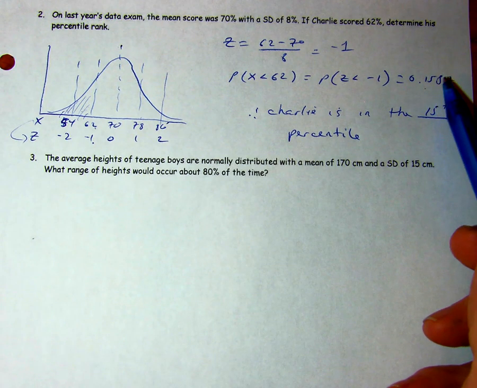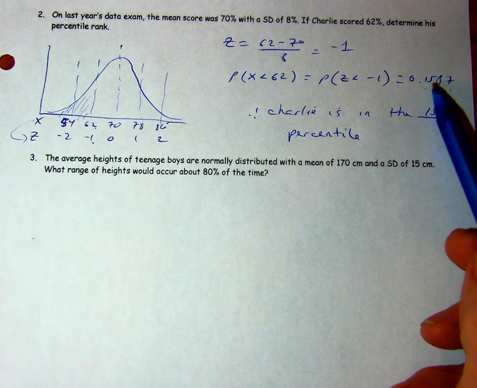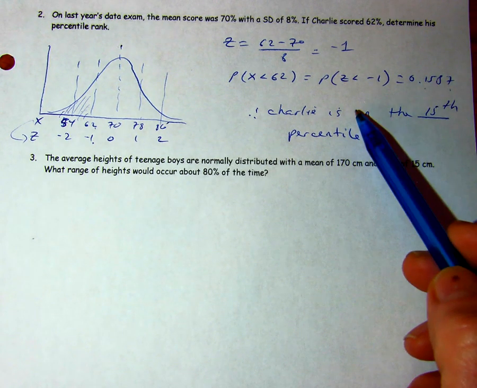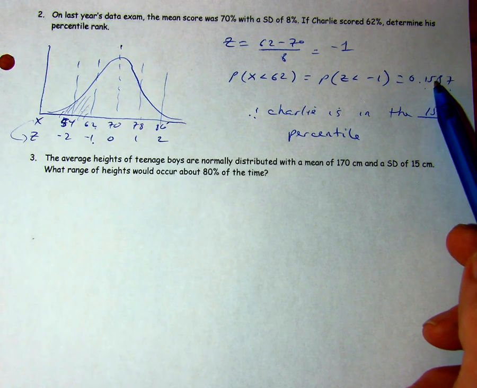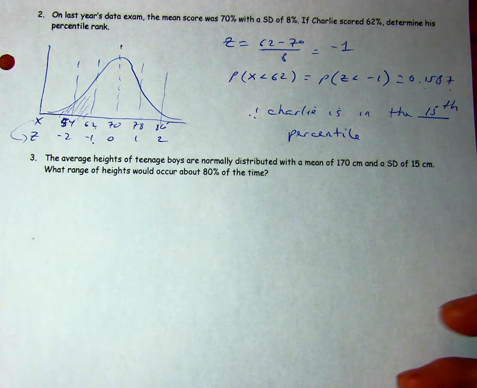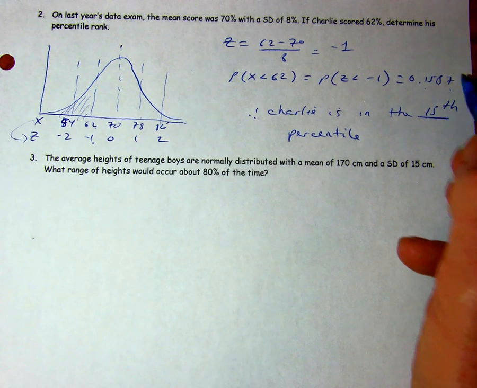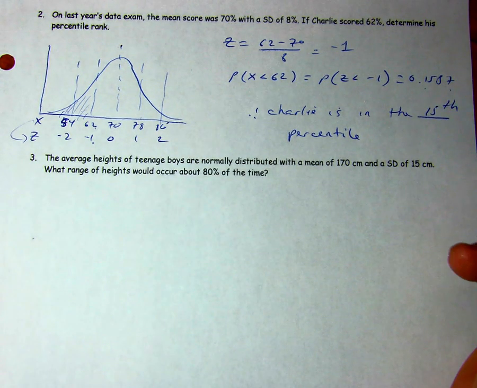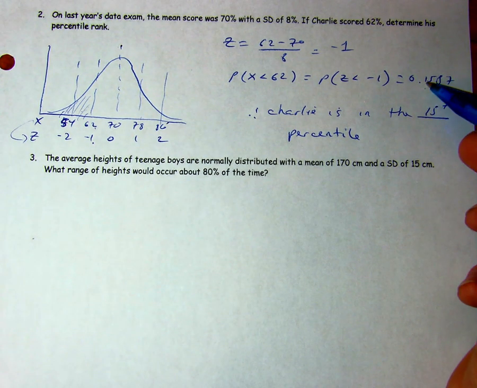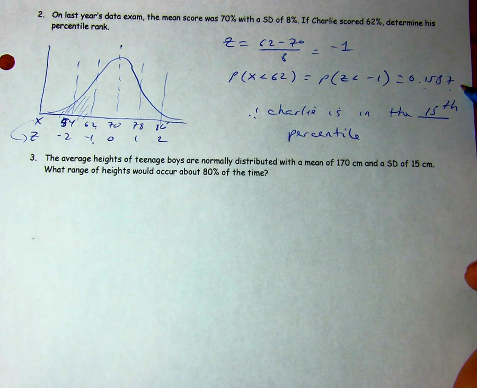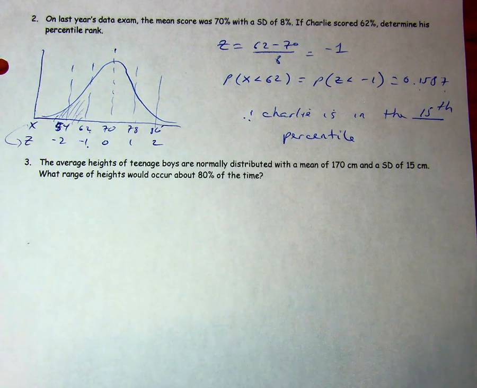So 15.87% of the people are below him, right? Not quite 16. So he's in between 15 and 16. You have to round down, right? As a percentage, this is 15.87. He's in between the 15% and the 16% of the people, so you would count that as the 15th percentile.